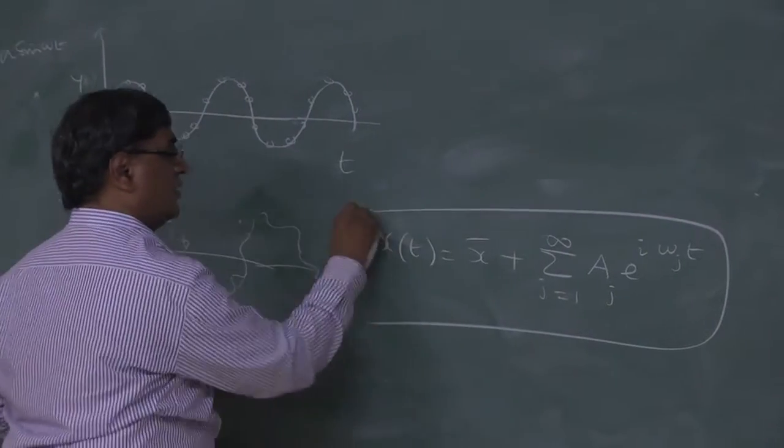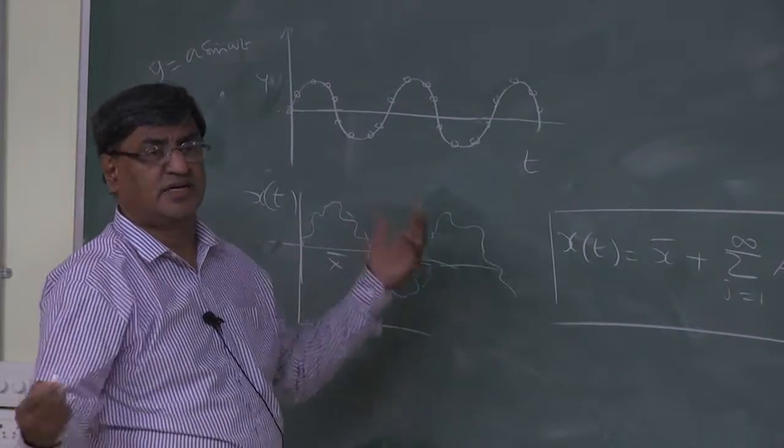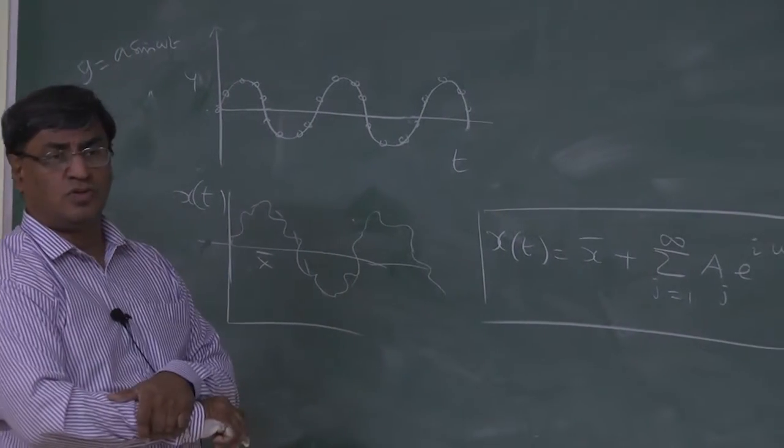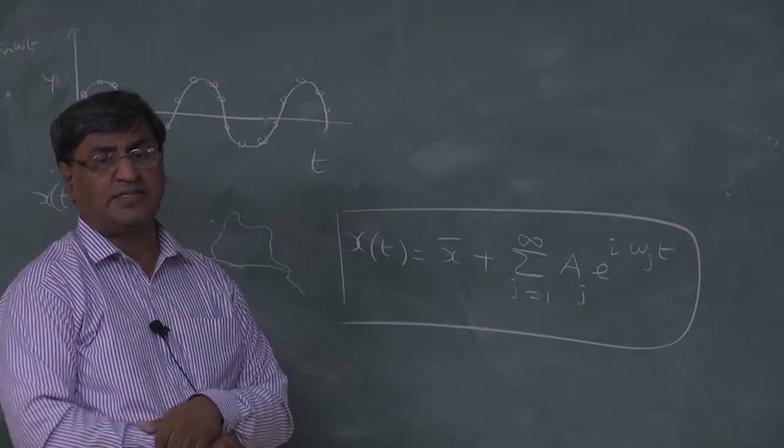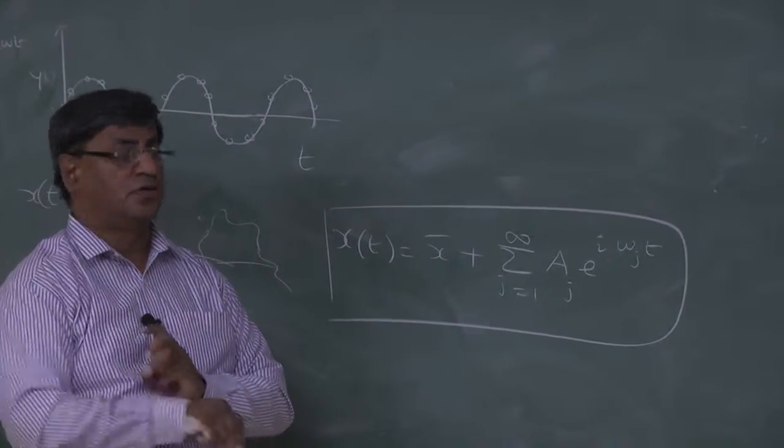There can be several wavelets which are superimposed one over the other. The a_j part is the amplitude of that particular component.